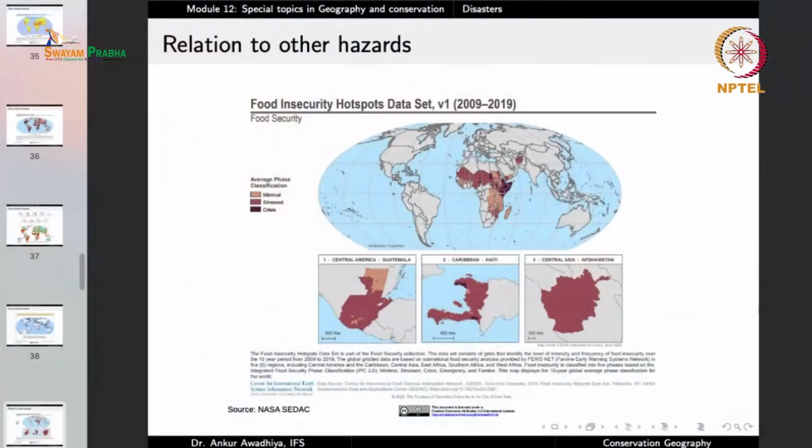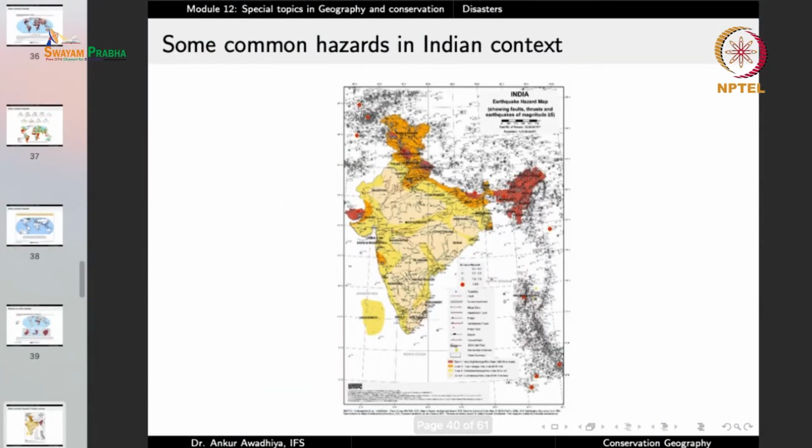If people are already living in a situation where there is an insecurity of food, then even a small amount of hazard will result in a very large consequence. So the vulnerability of the people is very high. They do not have a mechanism to fall back on. And when we talk about the reduction of disaster risk, we have to be very careful about these areas where there is food insecurity already.